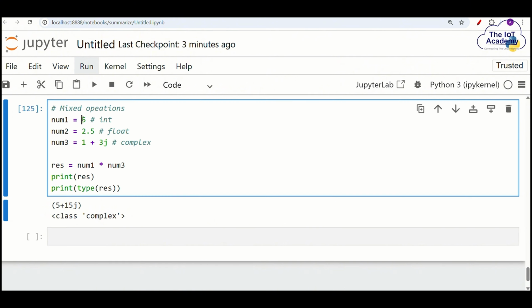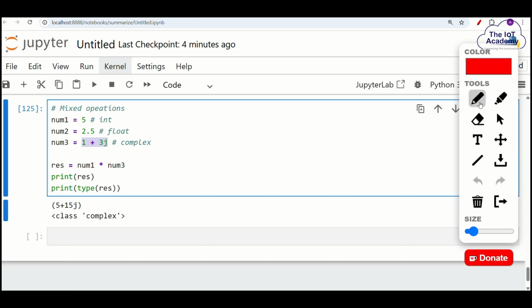So what's happening is you're multiplying 5 by 1 plus 3j, and if you recall, you know this from your high school math. Come over here, let me walk you through.